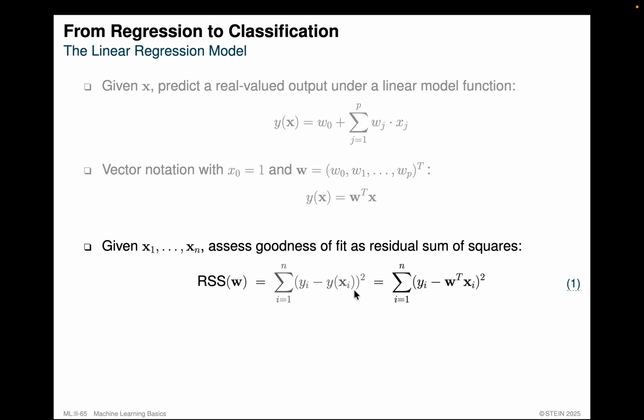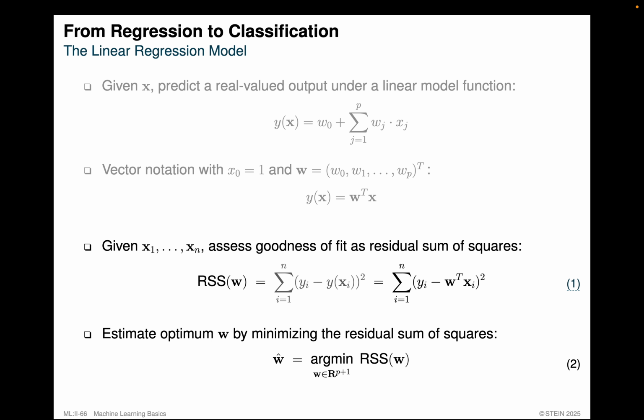And our question is, which parameterization of the model function minimizes this error, or the squared error for all customers? By finding that parameter vector that minimizes this function for our customer database, we get the optimal model function to make our prediction.